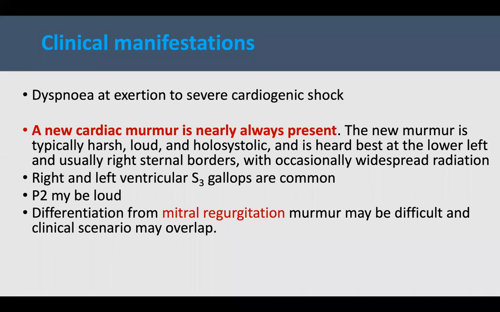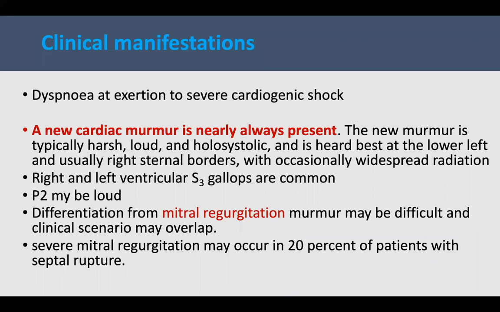So the scenario may overlap, and patient may even have associated mitral regurgitation. So diagnosing a murmur does not mean it is a VSR. It may be other valvular lesion, particularly the mitral regurgitation. But it is only the echo which will help us to differentiate between the two. And the two may coincide. They may be present in the same patient with VSR with an associated mitral regurgitation.